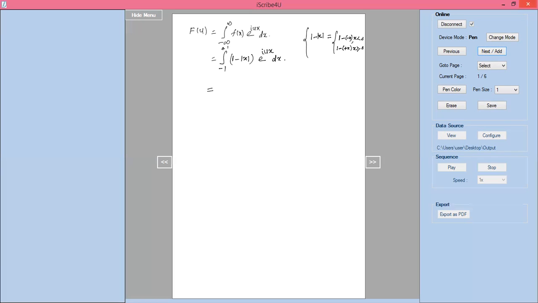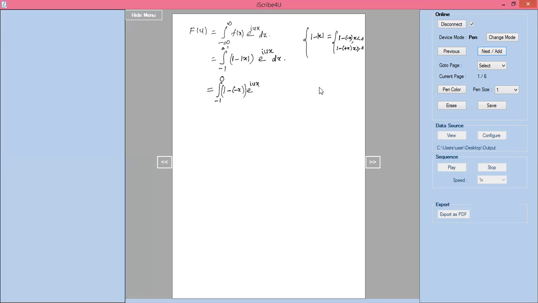X less than 0 means minus 1 to 0. So I split it as minus 1 to 0, 1 minus of minus x into e power iux. I am writing modulus of x as minus x when x is less than 0.